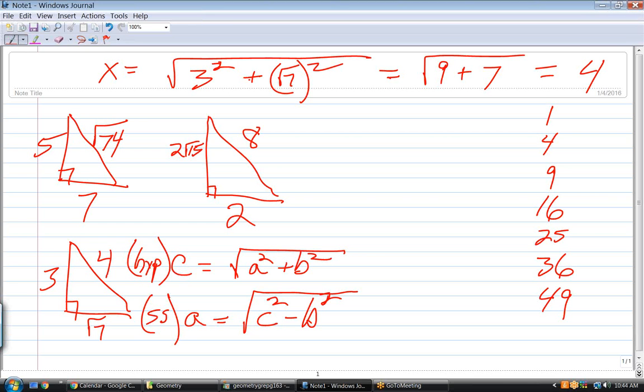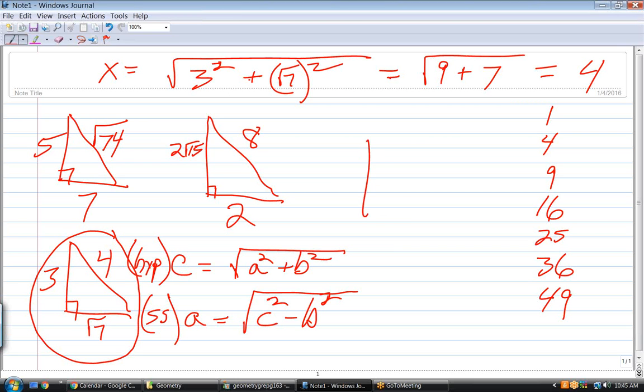Now, observe something interesting here. If I said I have a right triangle and two sides are 3 and 4, what would you be inclined to say was the third side? 5. Right. But it's only true if the 3 and the 4 are the short sides.